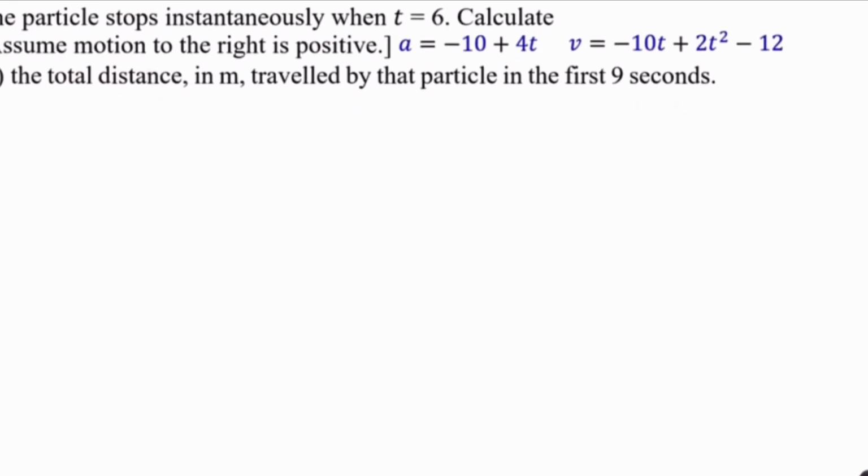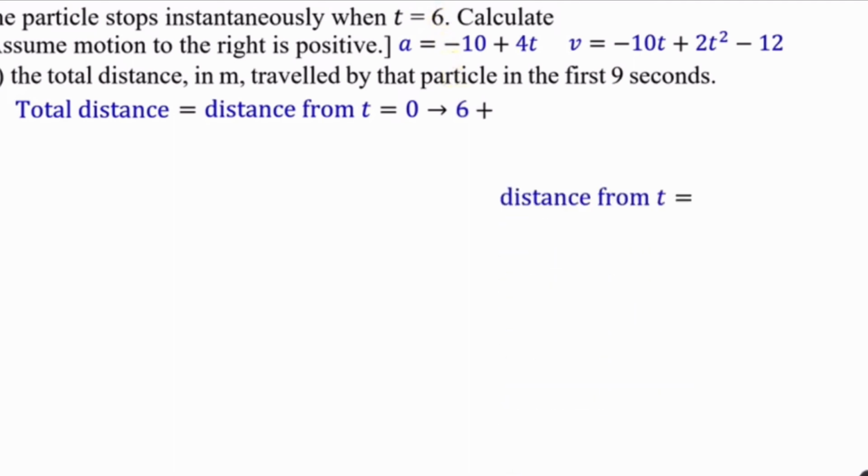So let's proceed to the next question, which is more challenging: to find the total distance in meters traveled by the particle in the first 9 seconds. So total distance is actually the distance from the beginning, t equal to 0, to when the particle stops at t equal to 6, and from the particle stop it will actually move to t equal to 9 seconds.